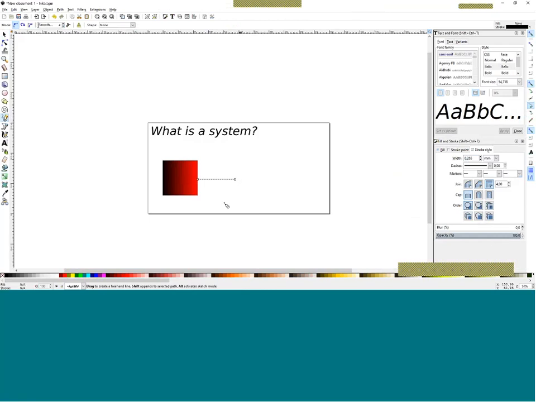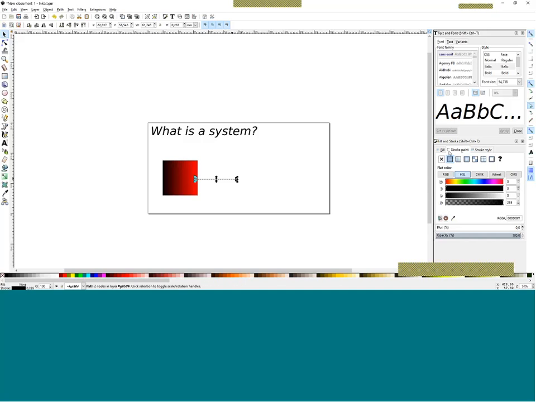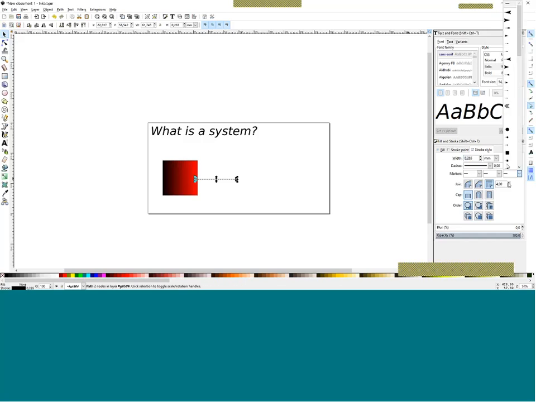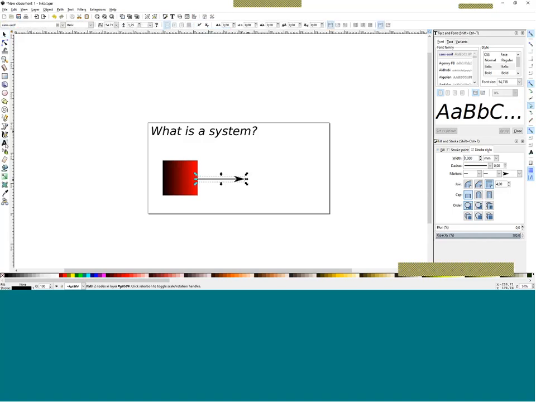So now let's look at an object and the force applied to this object. I want that much larger. Humongous. Okay.